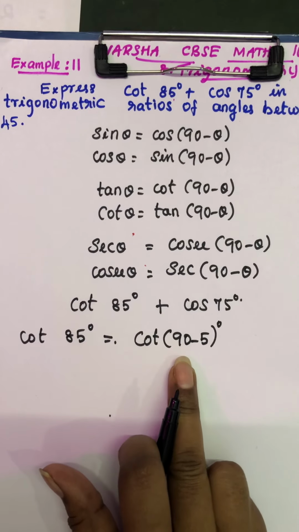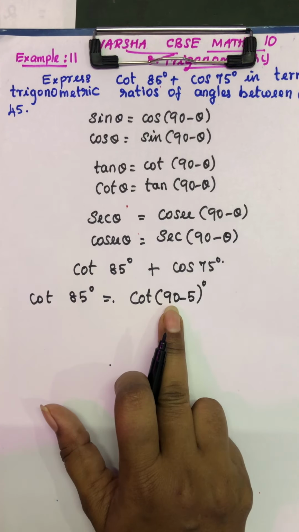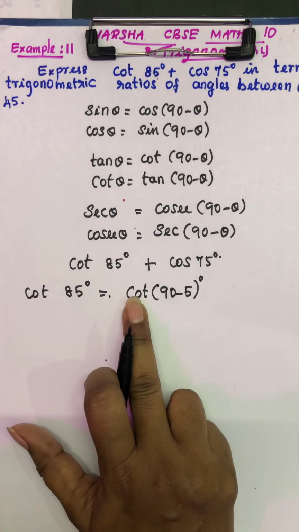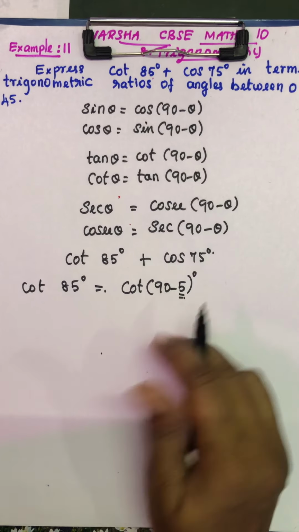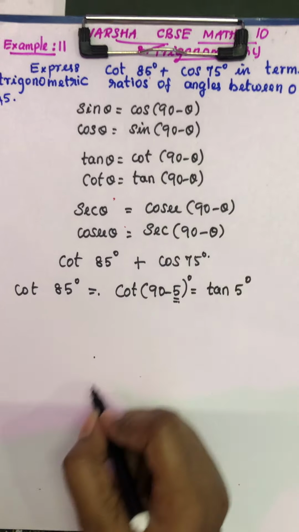Is that okay? Do you understand? Yes. 85 can be written as 90 minus 5. Now the formula. See, this is cot 90 minus theta. So what is your theta? That is 5. So the answer is tan 5 degree.